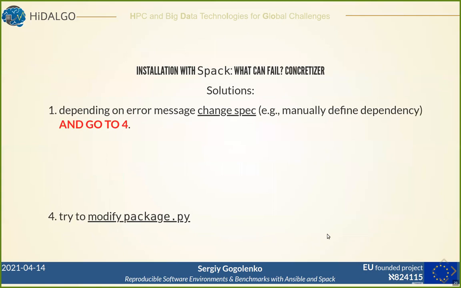Let's go to the next thing: how to solve the problems if the command spack spec does not execute successfully. Basically, in this case, we have some concretization problems. So the first thing you have to do is try to change the spec, basically try to find what combination of dependencies works well.